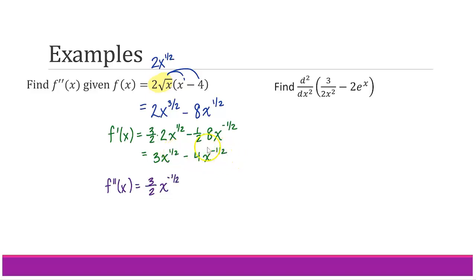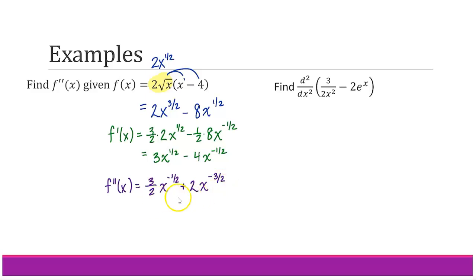And then on the second term, I'm going to multiply negative 1/2 times negative 4. That's a positive 2. And we're going to have x to the negative 3 over 2. Subtracting 1 is subtracting 2 over 2. So negative 1 over 2 minus 2 over 2 is negative 3 over 2.